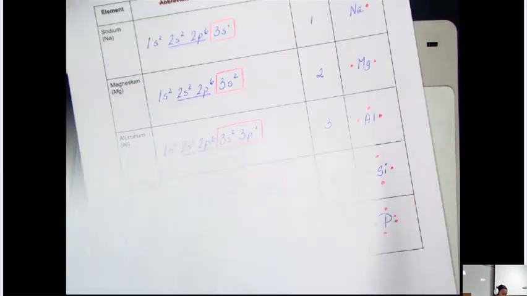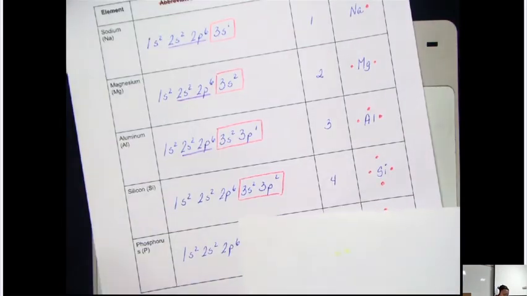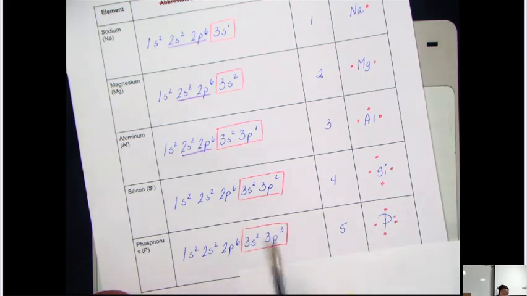Or it can get rid of the outer level so that this becomes the new outer level. 2s2, 2p6, and that would be 8 valence electrons. All right? So what should it do? What is the smallest number?